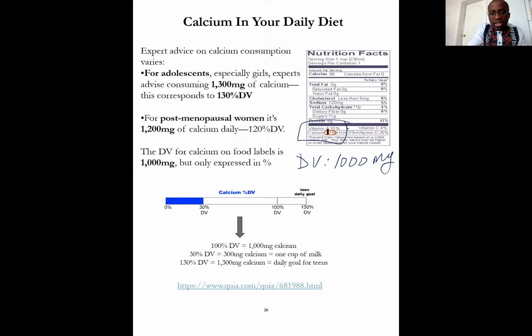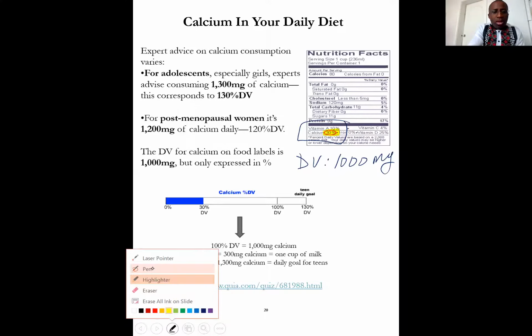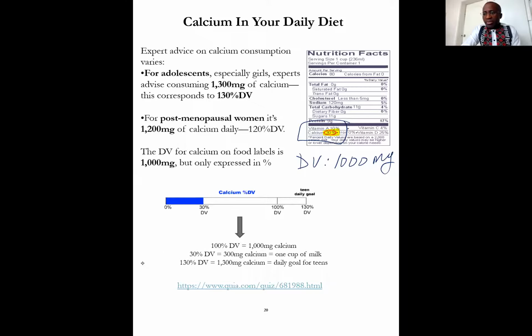You see here 30%. What does it mean? If it says 30%, what it means is you do 30 divided by 100. This is your 30%, but it's 30% of the daily value.